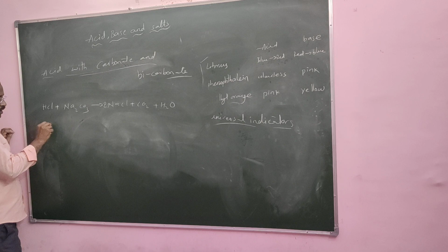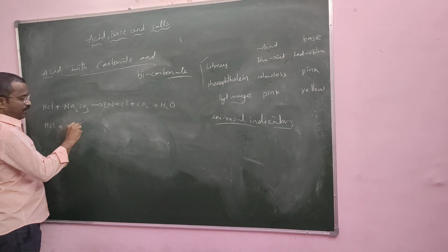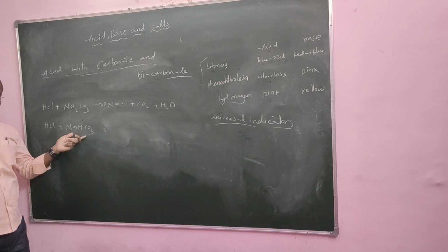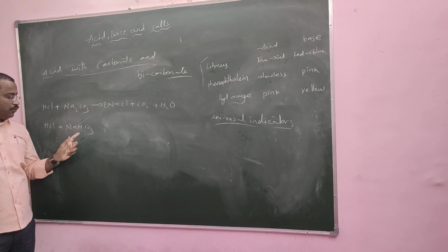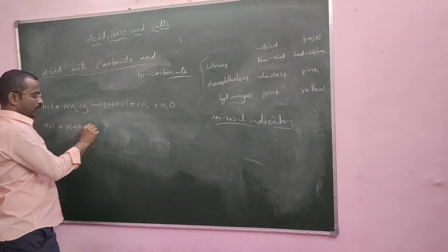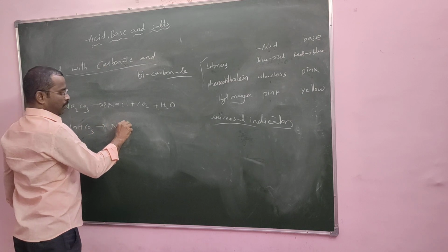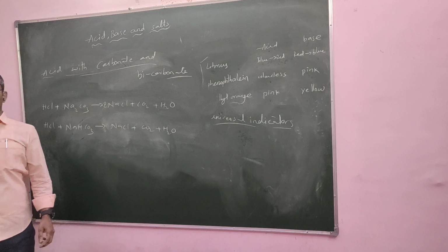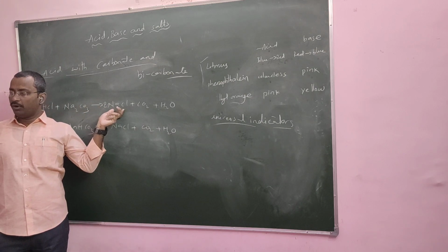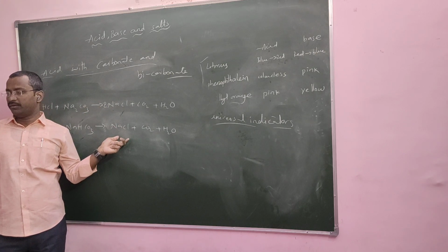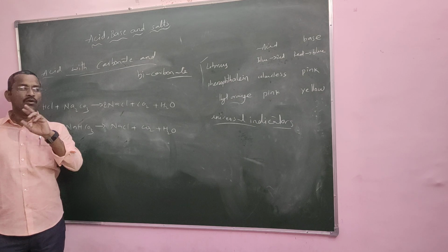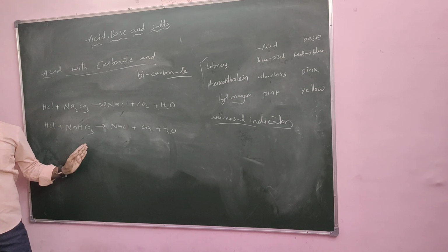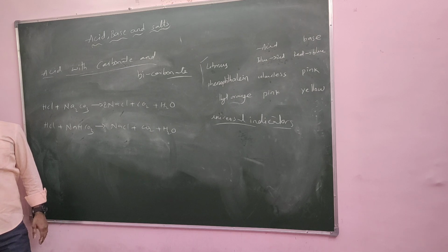And now the same HCl I am taking with NaHCO3, hydrochloric acid and sodium bicarbonate, or sodium hydrogen carbonate, gives rise to NaCl, CO2 plus H2O. 2 moles of sodium chloride, 1 mole of sodium chloride. This is the clearest difference between when acid is reacting with the carbonates and when acid is reacting with the bicarbonate.